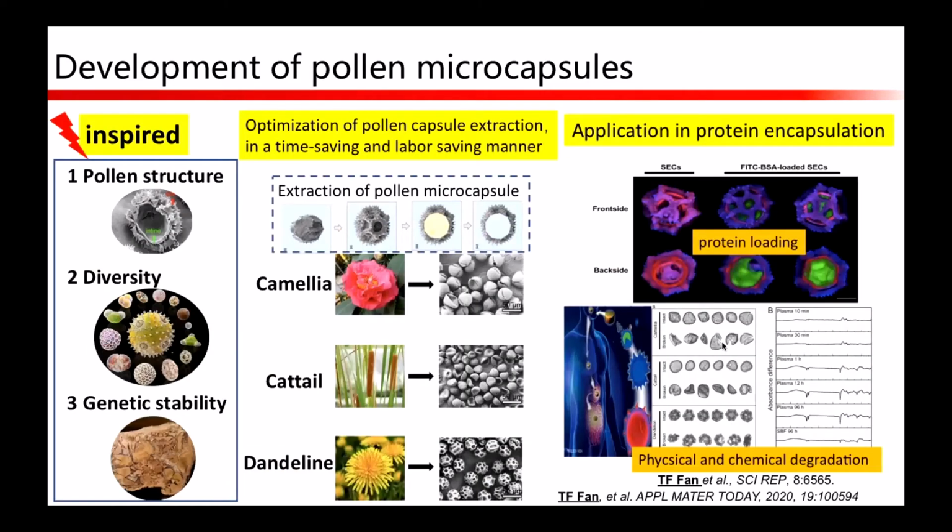Firstly, we prepared pollen microcapsules. This work is inspired by the pollen structure. Pollen is a natural microcapsule. It has a very typical core-shell structure. Secondly, there are more than 200,000 pollen species in the world, so we have a lot of resources to choose from and to do what we want.